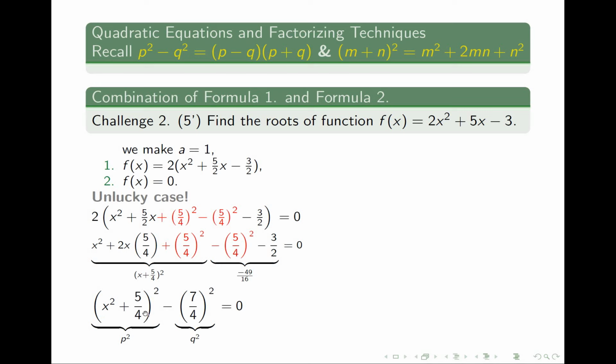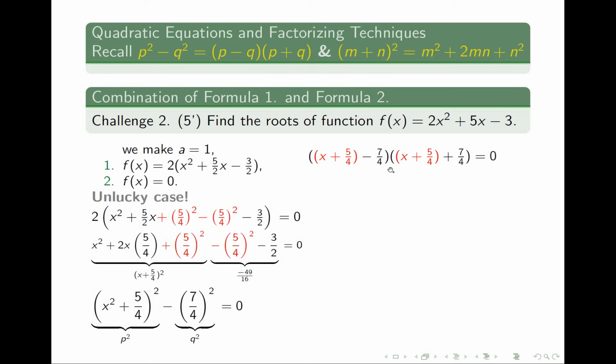So we can write this as this expression plus this fraction times this expression minus this fraction. So we have (x plus 5 divided by 4 minus 7 divided by 4) times (x plus 5 divided by 4 plus 7 divided by 4), and we would like to have it equal to 0.